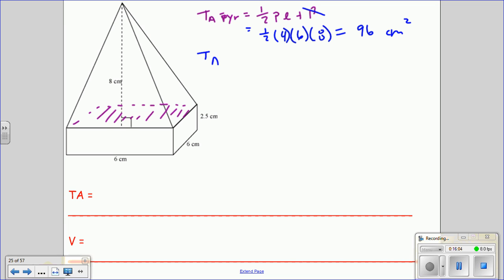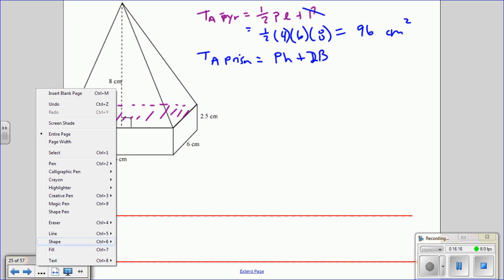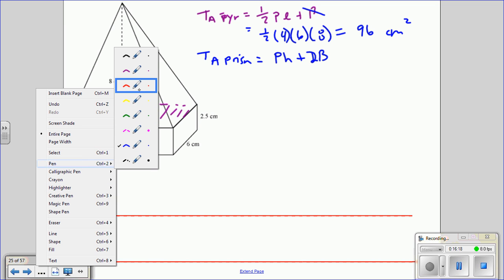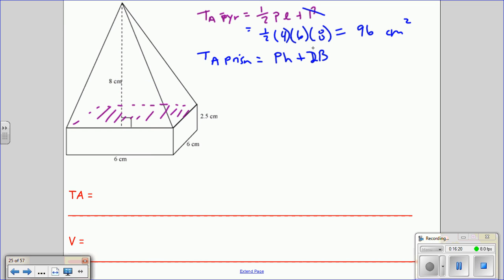Now we find the total area of the prism. Again, this was P times H plus 2B. But again, the same scenario. One of the bases is not exposed. So essentially it's just going to be one base. So the perimeter of the base is 4 times 6 because it's a square.